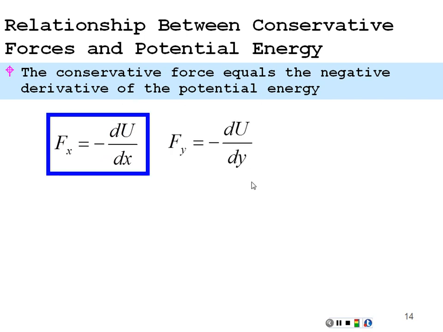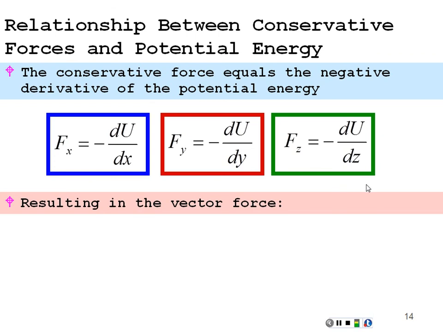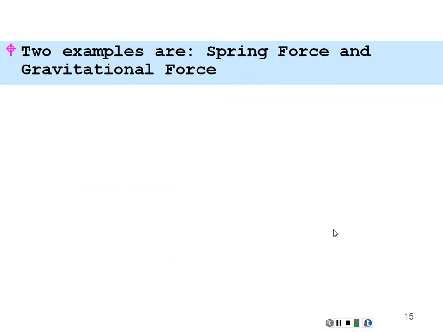The y component would be the negative derivative with respect to y, and the z component the negative derivative with respect to z. This would give us a vector force as a result of a scalar potential. More on this later in physics when we talk about something called the gradient. But here, we're just introducing the idea that we can actually derive our vector force from a scalar potential, and we would get an ijk vector force out of that.